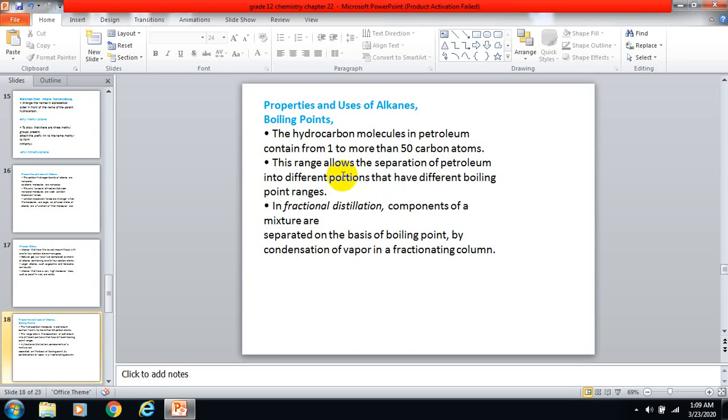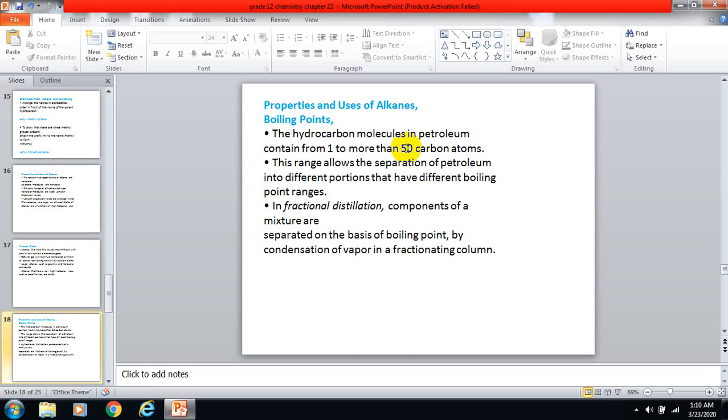With 1 carbon, the boiling point will not be that high, but when it reaches up to 50 carbon atoms, how much temperature will they require to change from one state to another? Usually in chemistry, I studied it myself, the fractional distillation of crude oil.